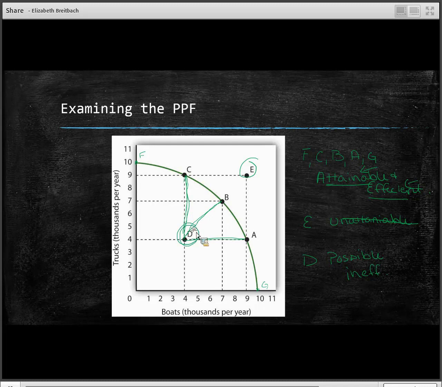At a point like D, a point inside the production possibility frontier, no matter where it is, they're all going to be inefficient because we could get more of either good at zero opportunity cost. Okay, more at no opportunity cost.